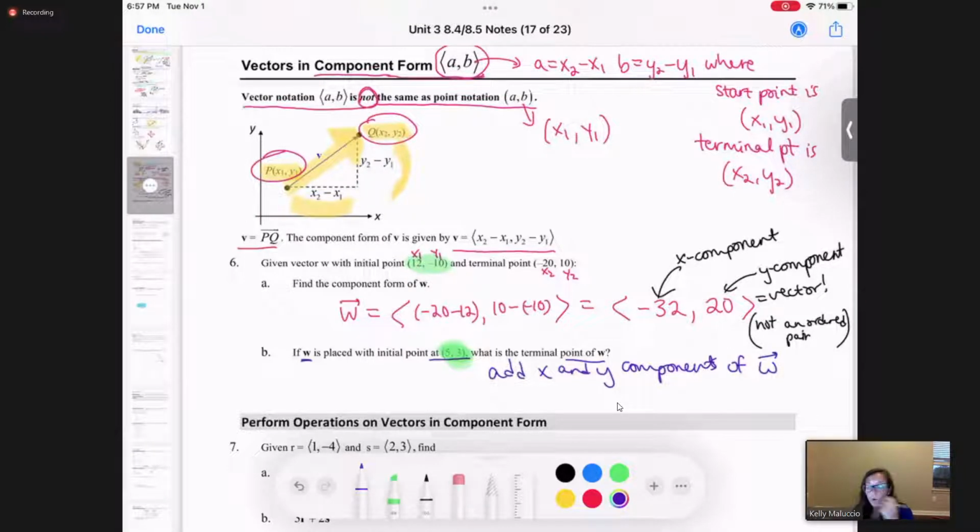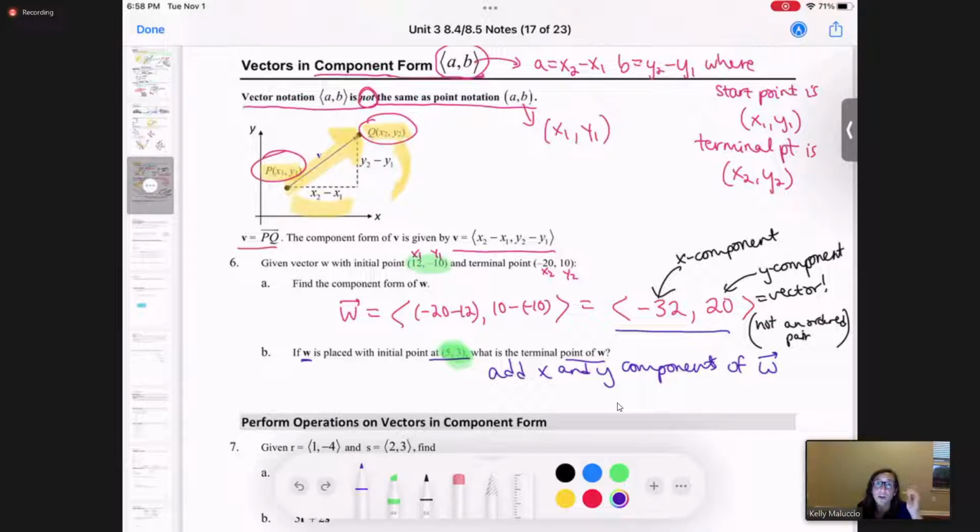So we take the vector that we got here, and we add the x and y components to the vector. We don't add it to the initial starting point, because on a graph, that's how I normally do it, moving 5 up, 3 right, but we're not on a graph anymore.